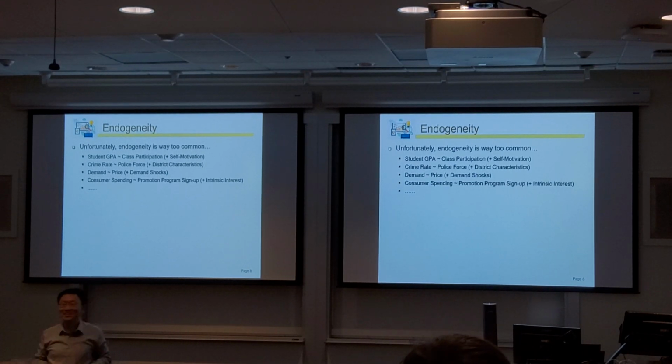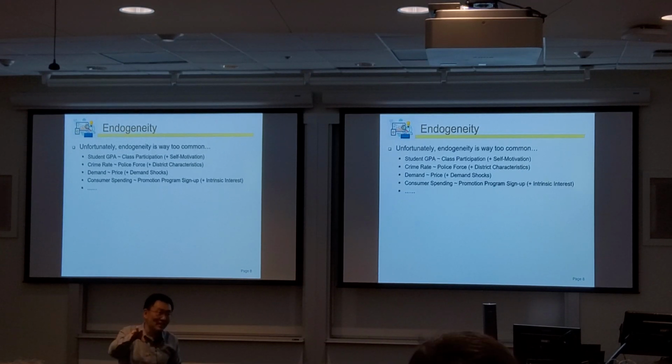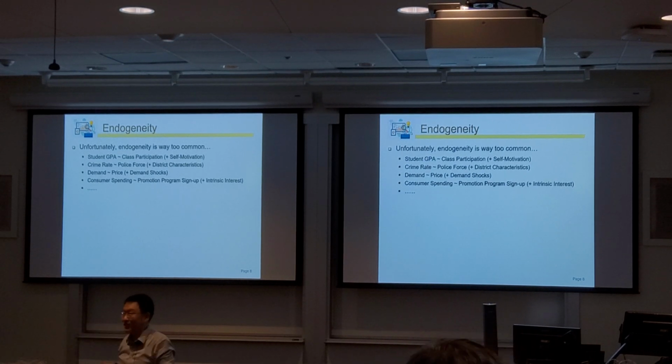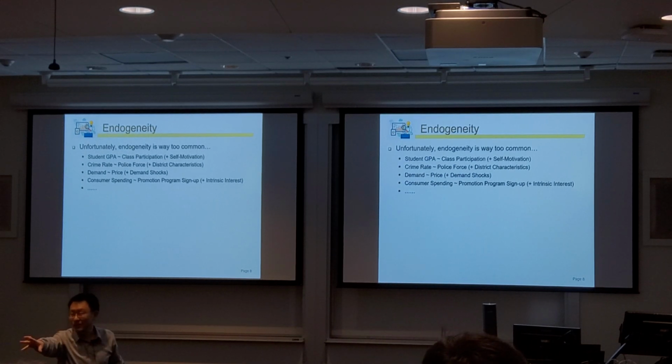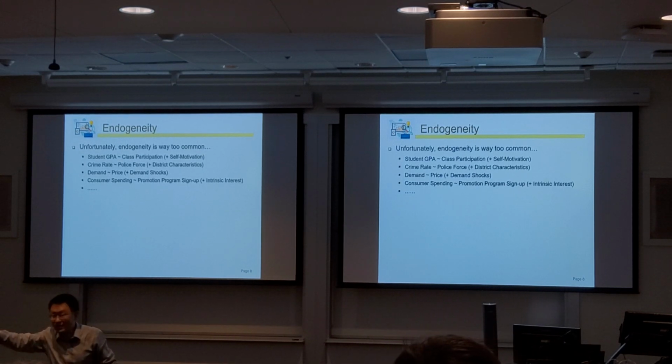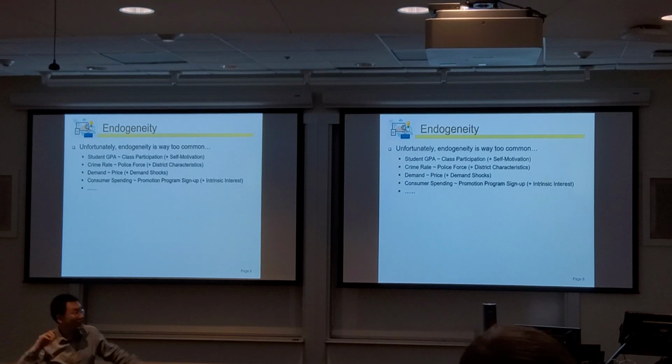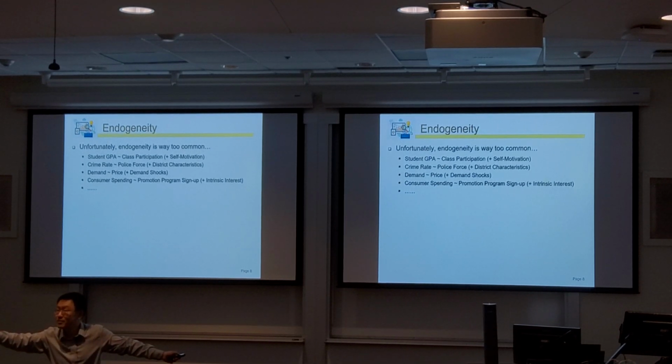Why? Cause and effect. Exactly, the police force deployment is an endogenous decision. That's a choice, right? You choose how much police force to deploy in what district. So it's very likely that in some district where the crime rate is high, you deploy more police force. You see, there are some characteristics about each district which are not included in your regression.